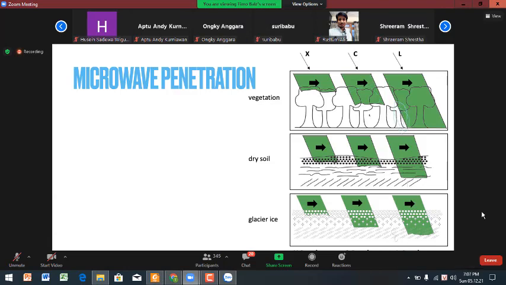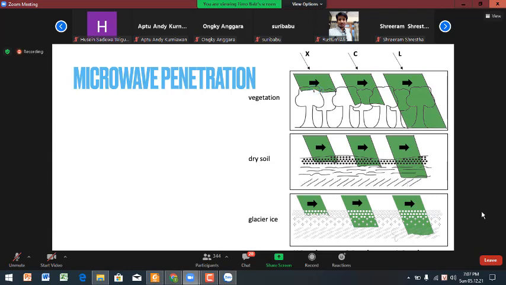Now, this is very important for you to know and understand. Why is that important? Because we will talk about creating DMs and measuring motion. When you create a DM from an X band signal, your signal, when you talk about the forest, is actually not the top of the forest.